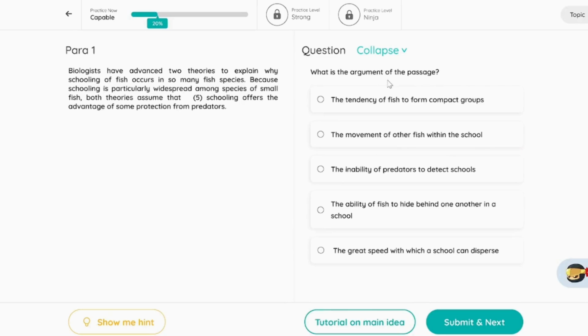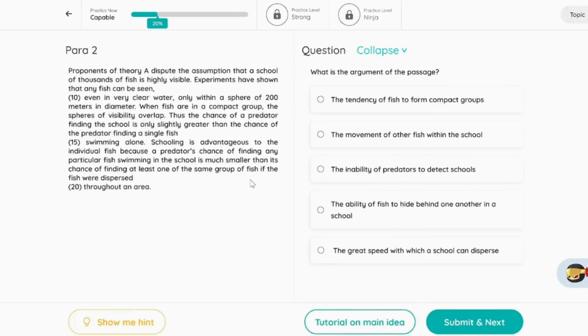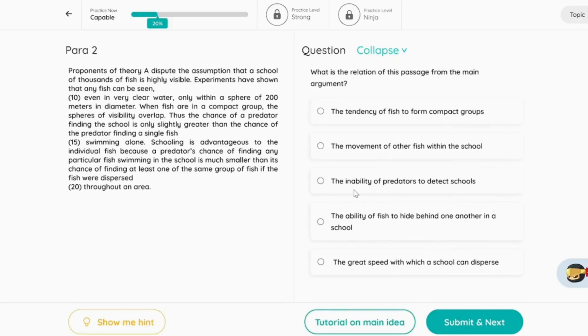What is the argument of the passage? What is the relation of this passage from the main argument?